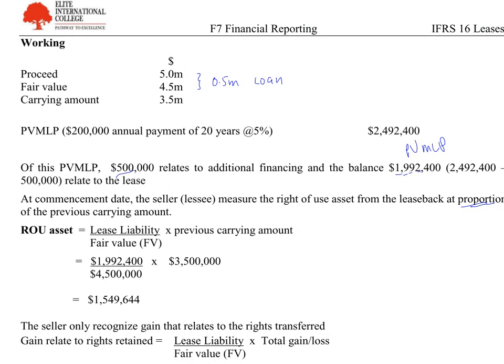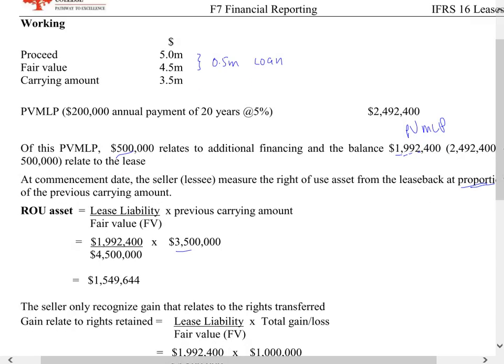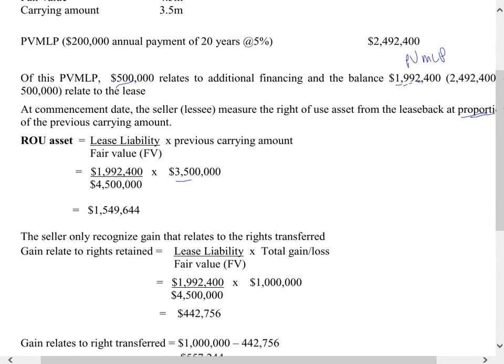Yeah, it's about 44%, right? Sell 100%, lease back 44. So I retain 44%. So that 44% you times with your original carrying value in our book. So I retain 1549 asset. Correct, no?